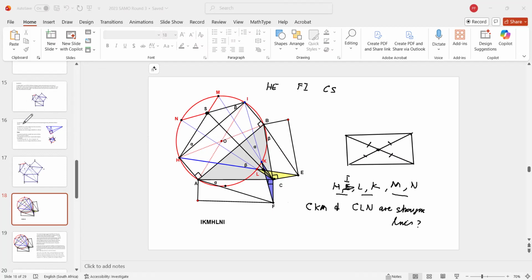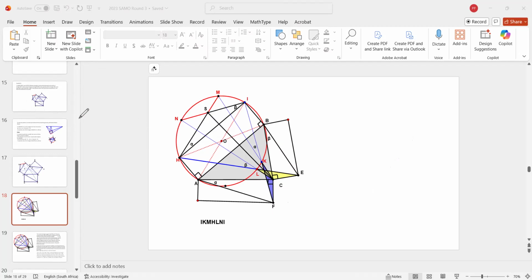We'll just ignore all the other things that we have said. So what I want to show is the following. Let's just try to show this one here. C required to prove that CKM is a straight line.